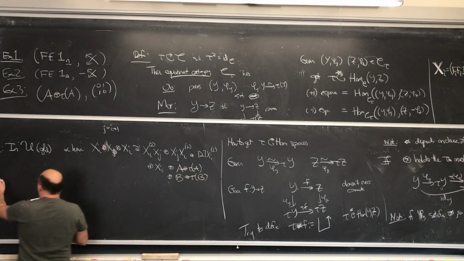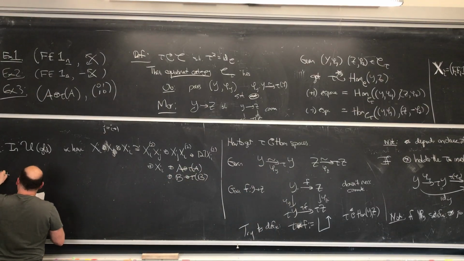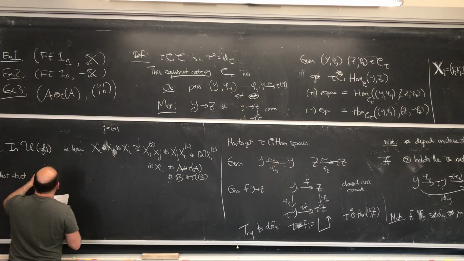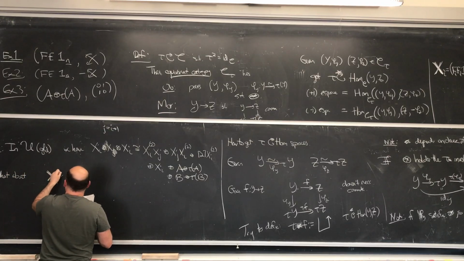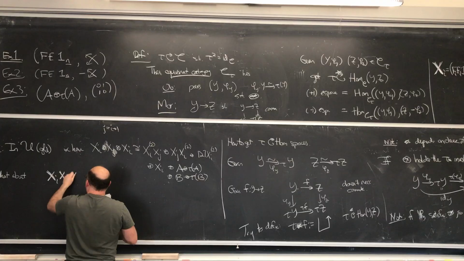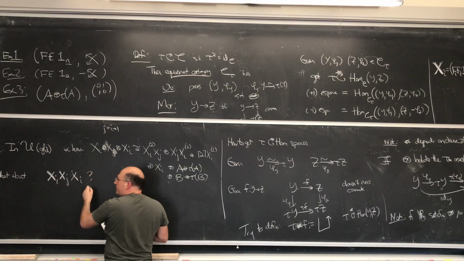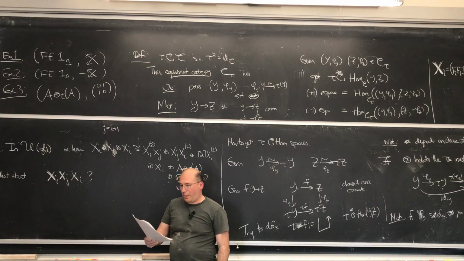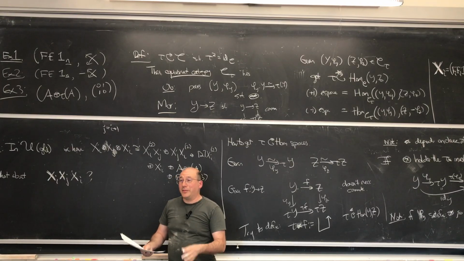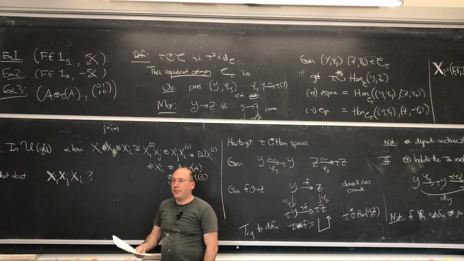So now what about in the equivariant category, what if I tensor these bold X_i's? Let me tell you how you would compute how that decomposes in the equivariant category.